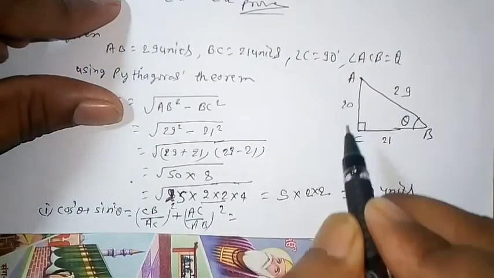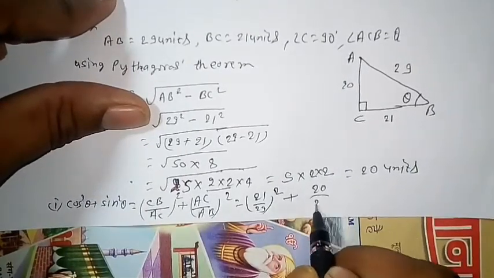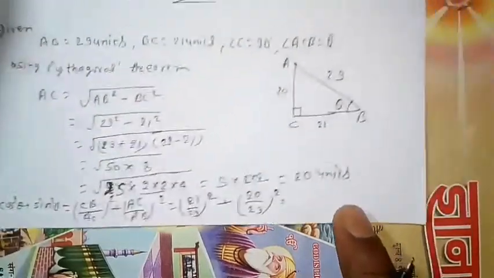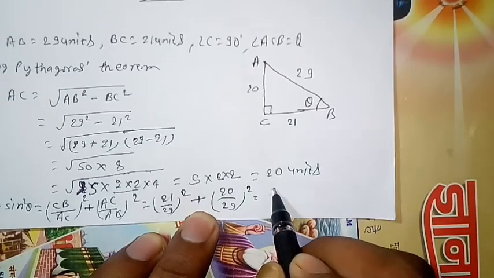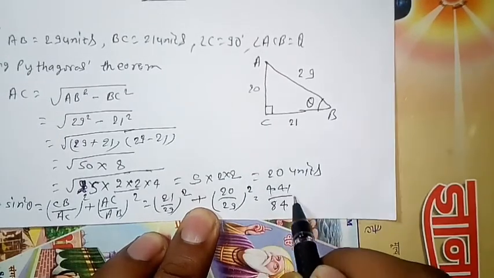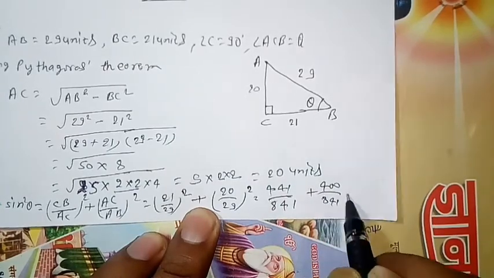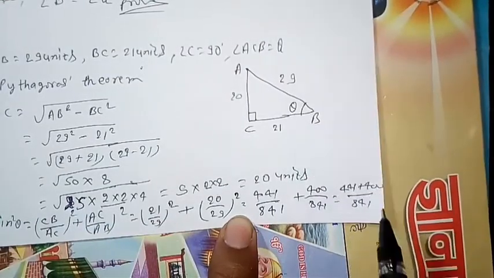CB, this is 21 by 29 to the whole square plus 20 by 29 to the whole square is equal to 21 into 21, 441, by 29 into 29, 841, plus 400 by 841 is equal to, now the LCM is 841, 441 plus 400, is equal to 841 by 841 is equal to 1. Answer.